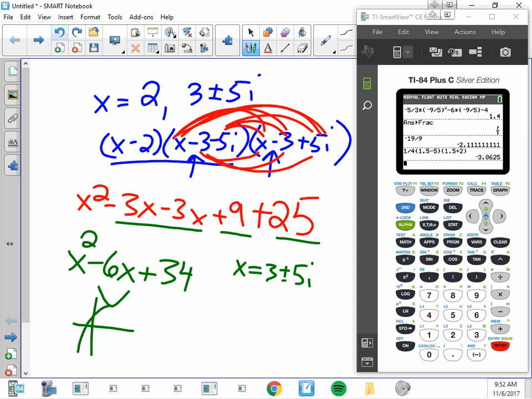If I flip that parabola upside down, it's going to hit at the same place it would hit if I got rid of the i. 3 plus 5 is 8, and 3 minus 5 is negative 2.